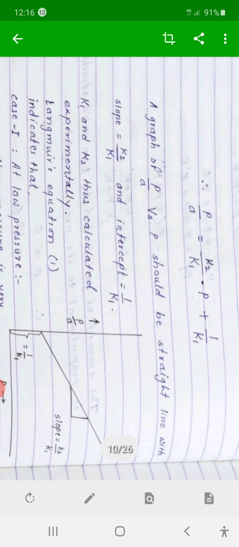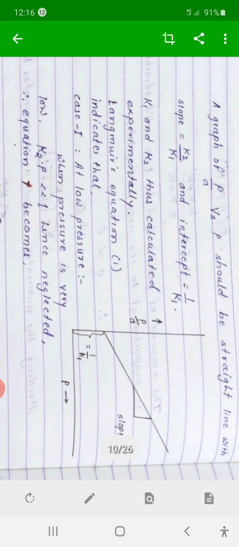If we plot a graph of P upon A versus P, it should be a straight line with slope equal to K2 upon K1 and intercept on the y-axis equal to 1 upon K1. K1 and K2 are calculated experimentally.